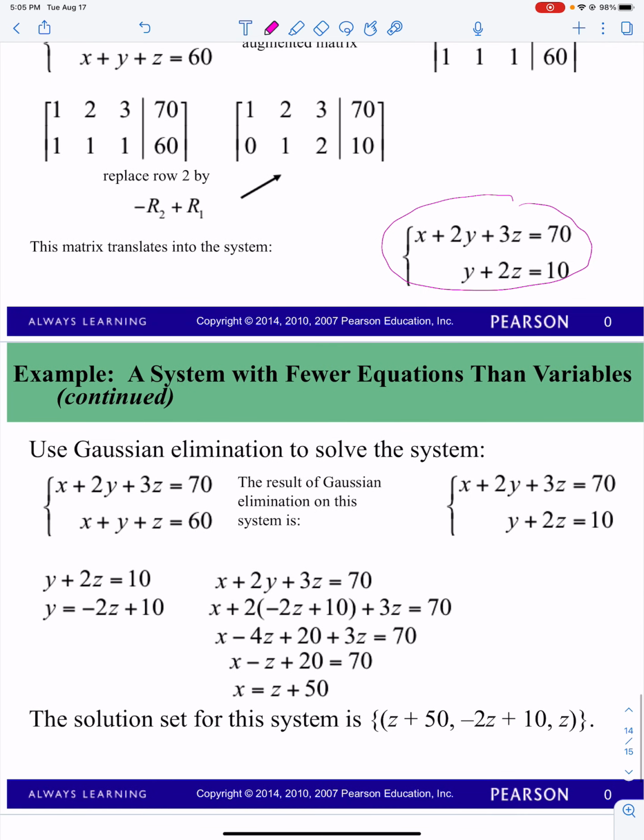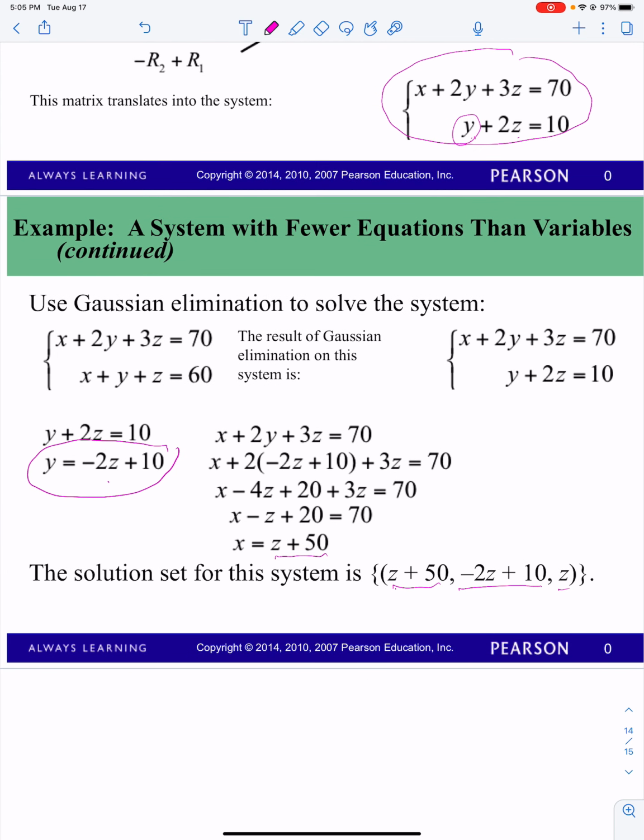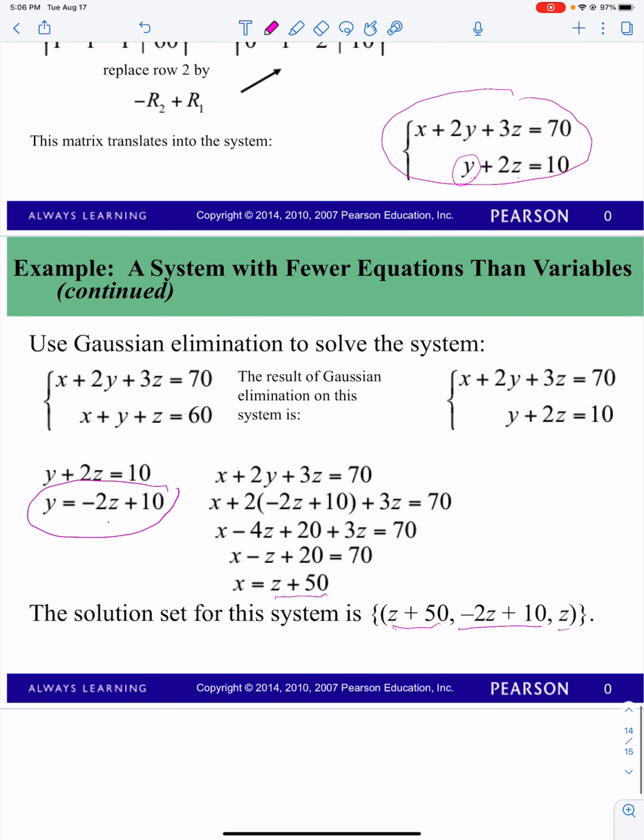Similarly, which one do you want to isolate? y, because y is easier to solve. So y equals negative 2z plus 10. Then you substitute for x, and you find x equals z plus 15, y equals negative 2z plus 10, and z. And z is the free variable again. But z is not always the free variable.